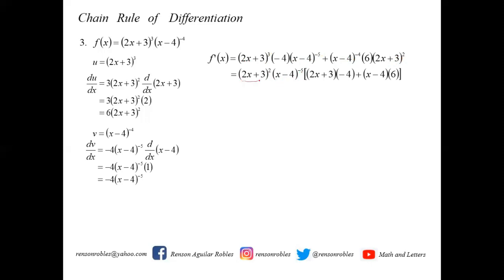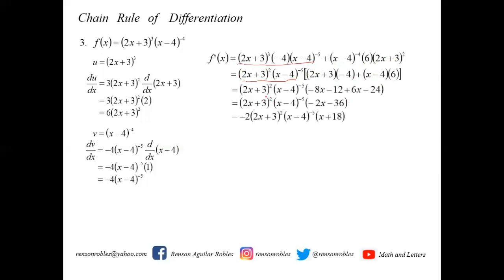When these two are factored out from the first term, what is left is only (2x+3) times negative 4. And then again, when these are factored out from the second term, the only thing left is (x-4) times 6. Simplifying the expression inside the bracket, we shall now have (2x+3)^2 times (x-4)^-5, and then you just introduce this inside along with the 6.